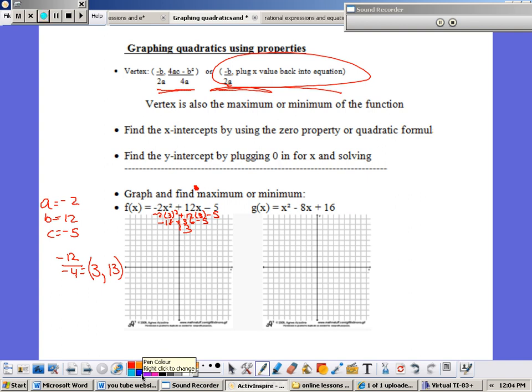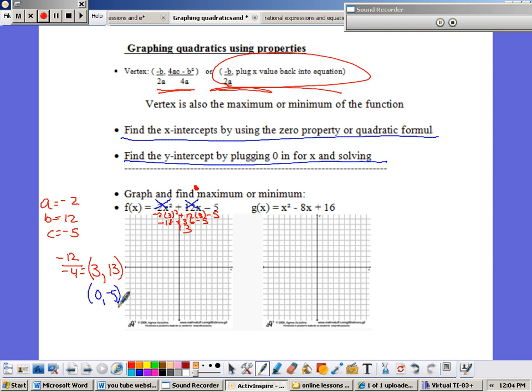Now, how do I find more points? There's several. One, I can find the x-intercepts using the zero property of the quadratic formula. Or two, I can use the y-intercept. And to do the y-intercept, I plug 0 in for x. So if I plug 0 in for x, this goes away and this goes away. So my y-intercept is (0, -5).